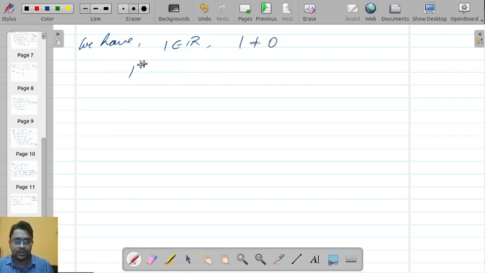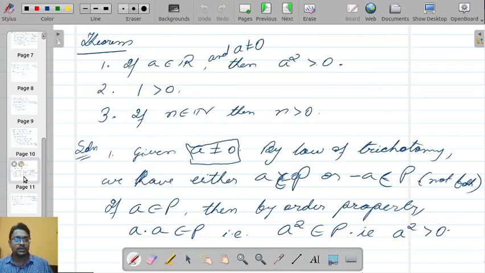By the earlier property, 1 square is greater than 0. 1 square is again 1, so 1 is greater than 0. If A belongs to R and A is non-zero, then A square has to be positive. Clear?